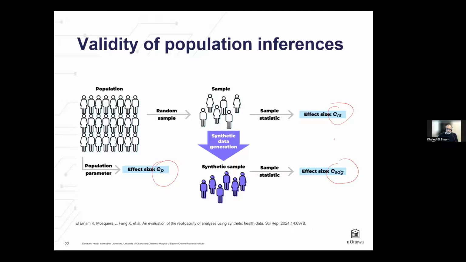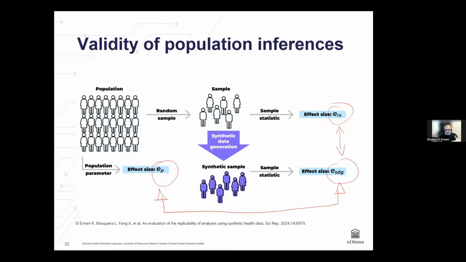What we've talked about so far was comparing those two. So are the parameters of the synthetic data comparable to the parameters from the real data on the sample? But now the other question we wanted to ask is, how comparable are the synthetic data parameter estimates to the population values? Basically, how good is the inference from the synthetic data?